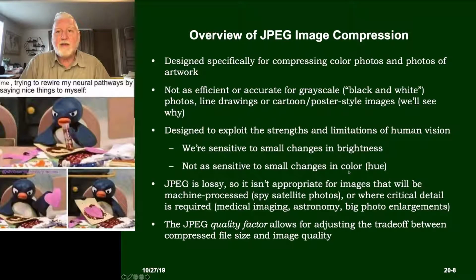This is just human physiology, just genetics. We can tell more readily that something's brighter or dimmer than something else, but we have a less easy time differentiating this shade of red from that shade of red, and it's sort of okay as long as the brightness is the same.